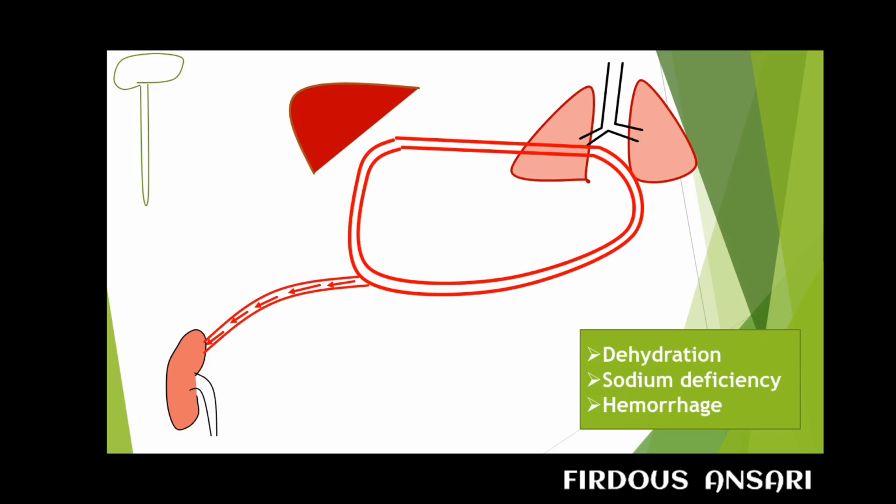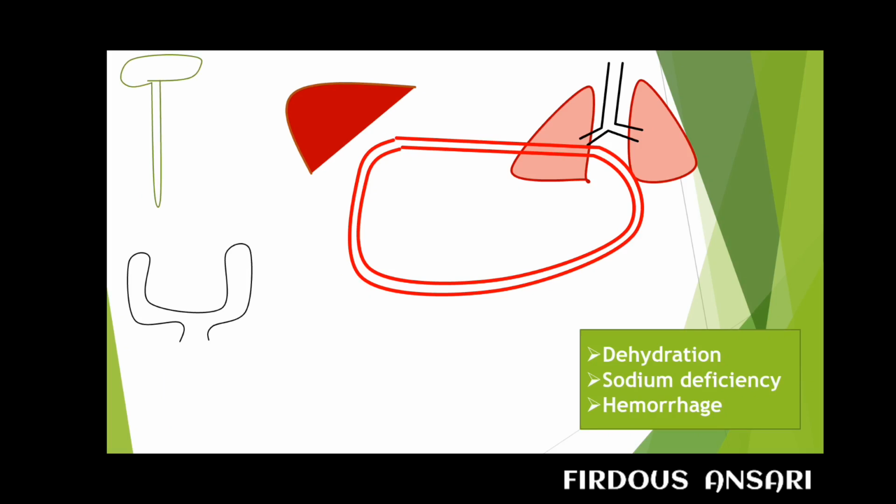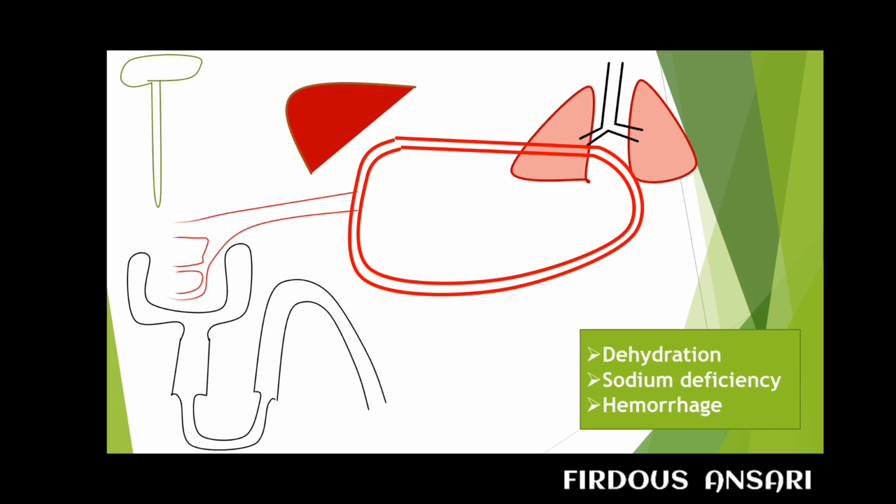So, we will check out one nephron. Suppose this is your Bowman's capsule, the proximal convoluted tubule, loop of Henle and the distal convoluted tubule. The afferent arteriole supplies blood to the nephron and the efferent arteriole is where the blood leaves the nephron.